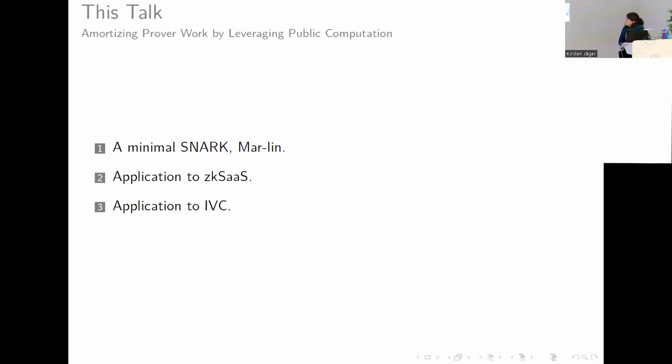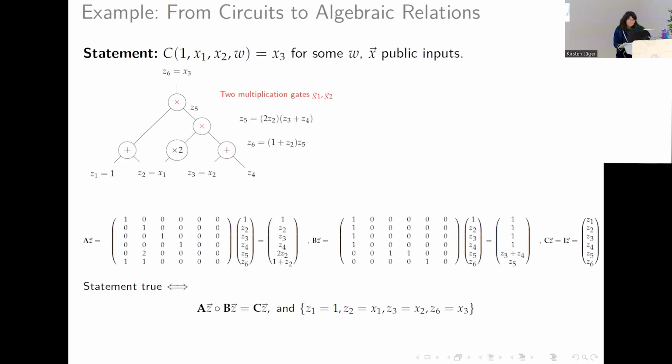The first thing I will introduce is a SNARK that's very simple and that I think has some properties of being the minimal building block that you need in some applications. And then I will show how this applies to zero knowledge as a software as a service, so delegating prover computation, and then an application to IVC, which is incrementally verifiable computation, which I will tell you in a second what it is.